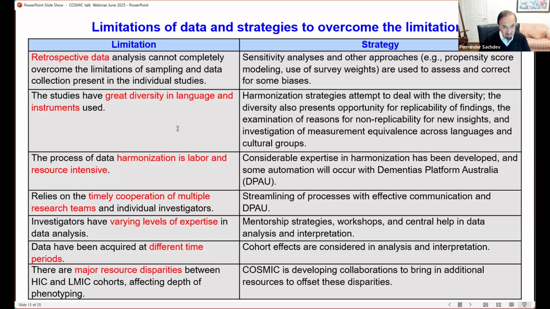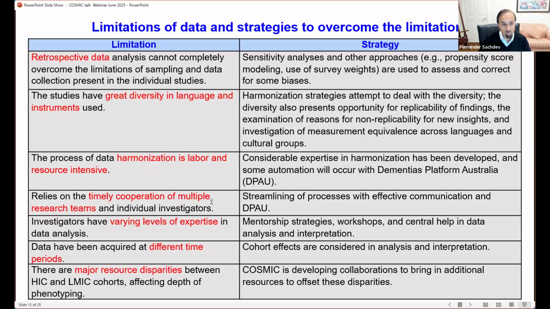Of course, harmonization is labor intensive and resource intensive, and that's why I think the initial progress was somewhat slow, but I think it has picked pace over the last few years. And now we are looking at ways in which we can increase this through the Dementias Platform Australia, which I'll briefly mention later.